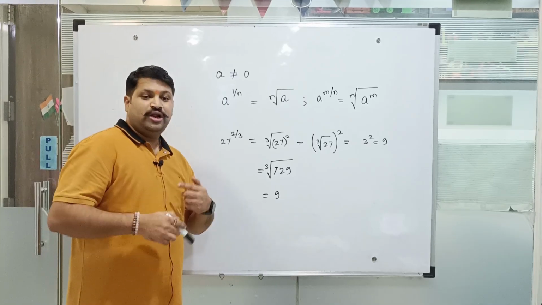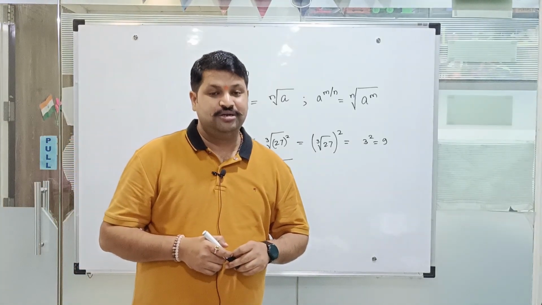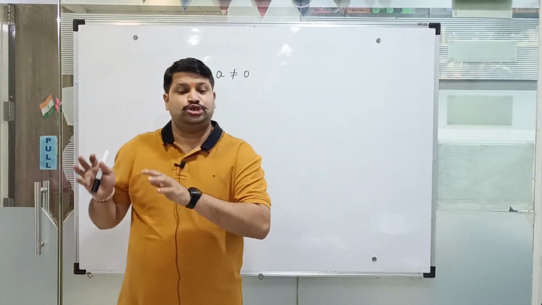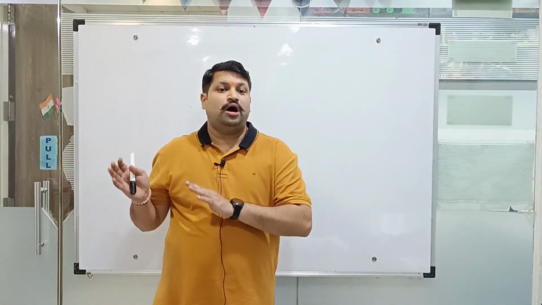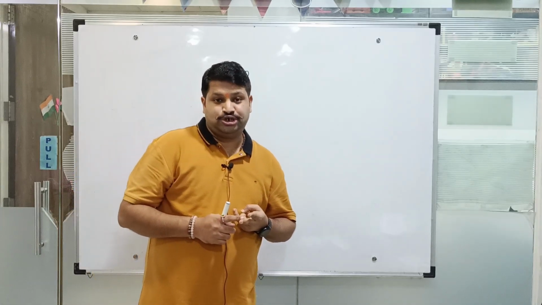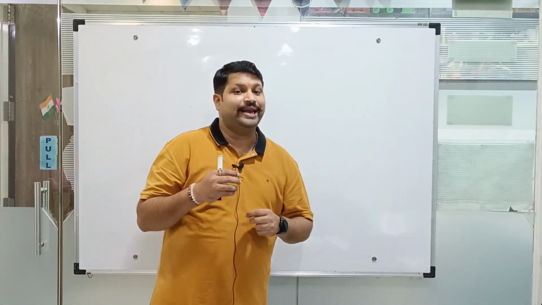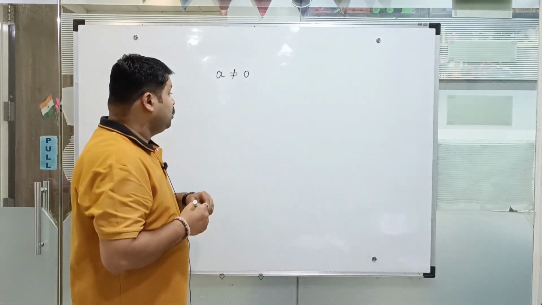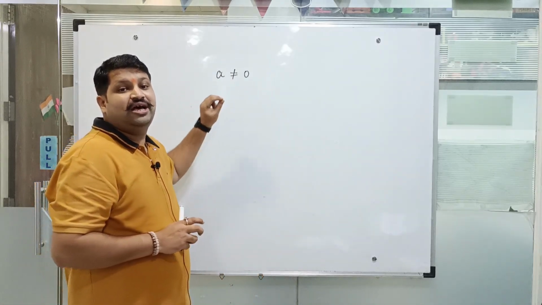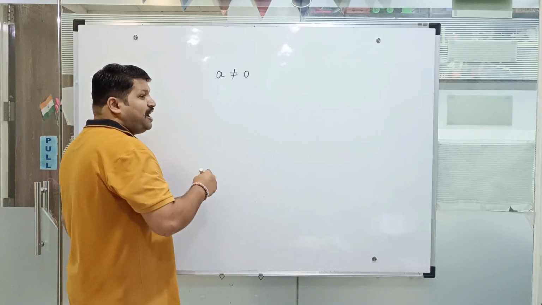Okay. So let's go ahead and talk about one more rule that is there. So we have discussed what happens when the power is an integer, when the power is a fraction. Now let us see what happens when the power is a negative number. So for this also we'll need our base to be not equal to 0. So the power is negative.